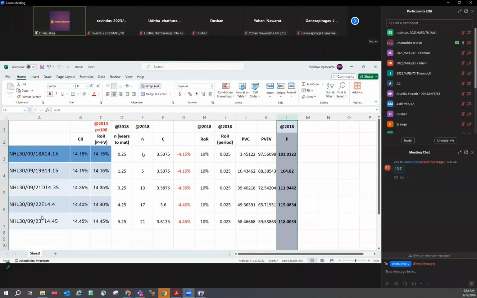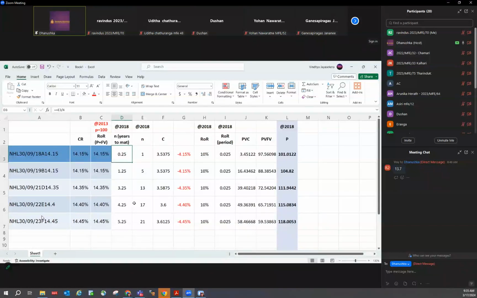When interest rates came down, prices have increased, but in long-term bonds, prices have increased more than for short-term bonds. This is why we generally say, when interest rates come down, bond prices go up.